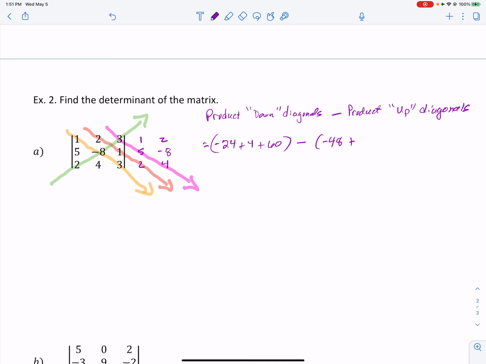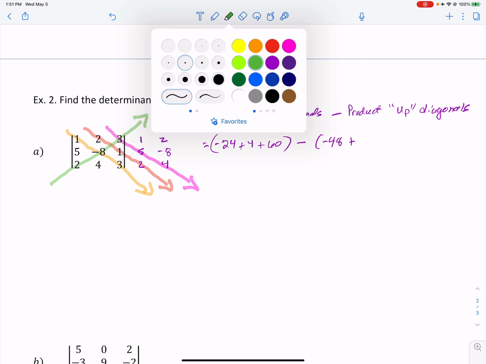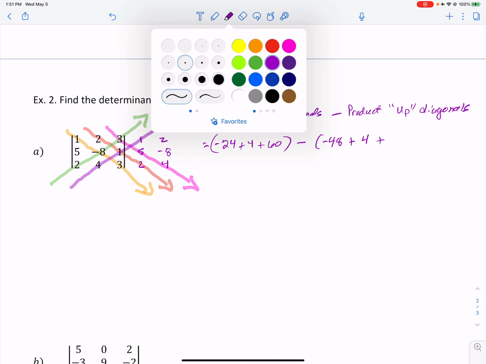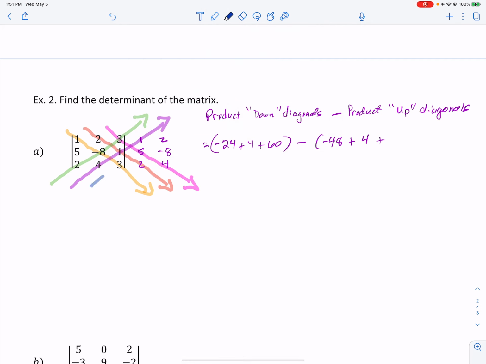And add to that the second up diagonal, product of those 3 numbers, 4 times 1 times 1, which is 4. And then add to that the product of your third up diagonal, 3 times 5 times 2, which is plus 30.